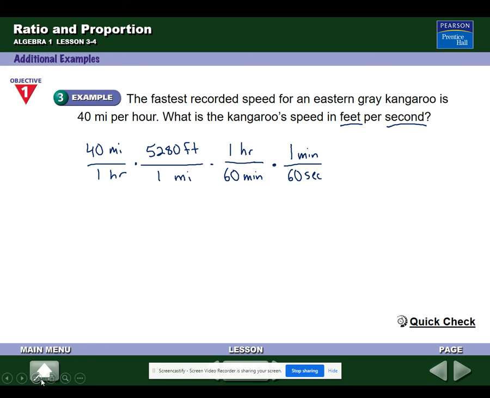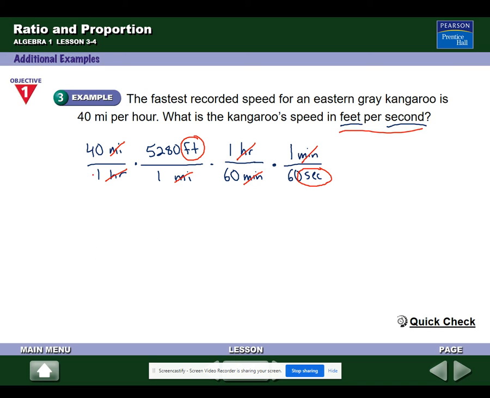And to put this all together now, if this hasn't totally made sense to you, this is why we did it this way, because miles and miles cancel. Because hours in the denominator cancels with this hours in the numerator. Because minutes and minutes, because they're in opposite places, one's in the top and one's in the bottom, numerator and denominator, they cancel, and you're left with feet in the numerator, seconds in the denominator. Okay? They wanted feet per second, and that's what we now have.